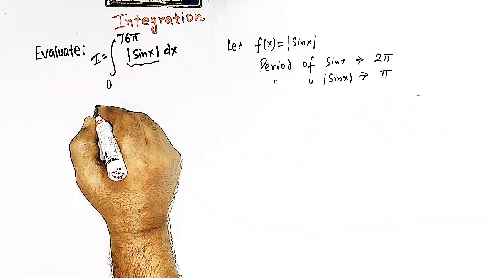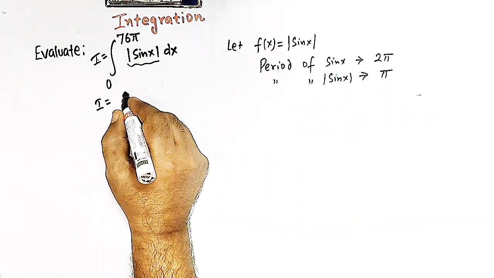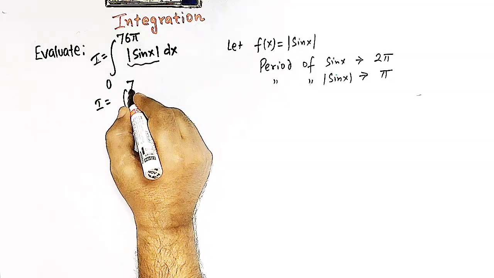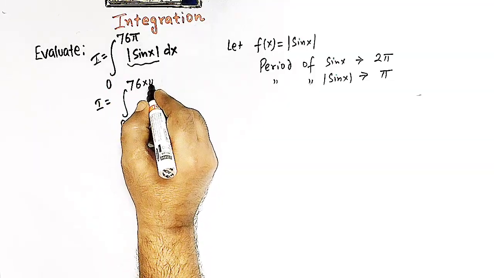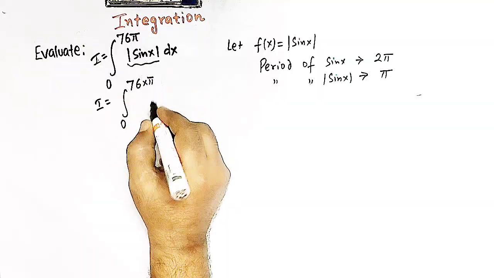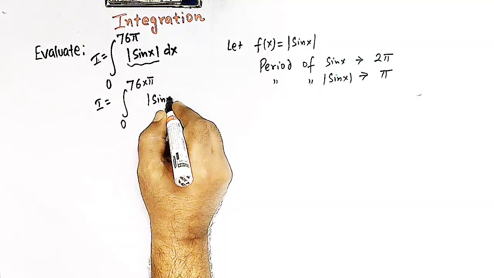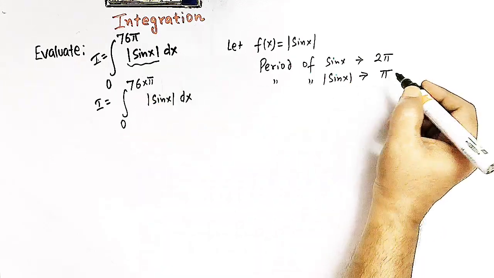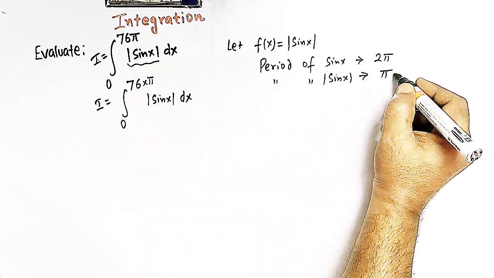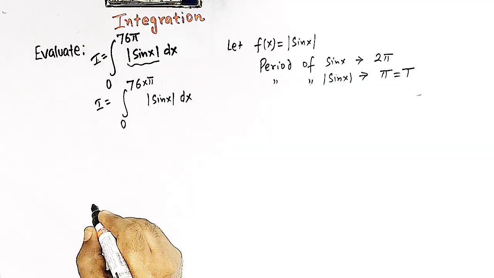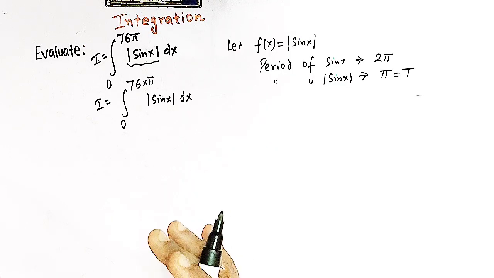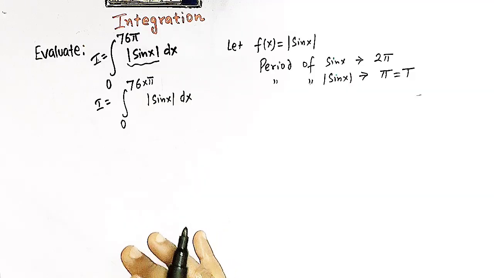So the period of sine x is 2 pi, and the period of mod sine x, which is our integrand, is pi. We can now write this integral as I equal to the integral from 0 to 76 pi of mod sine x dx. Let us denote the period of mod sine x as t. Here we make use of an important property of definite integrals involving periodic functions.